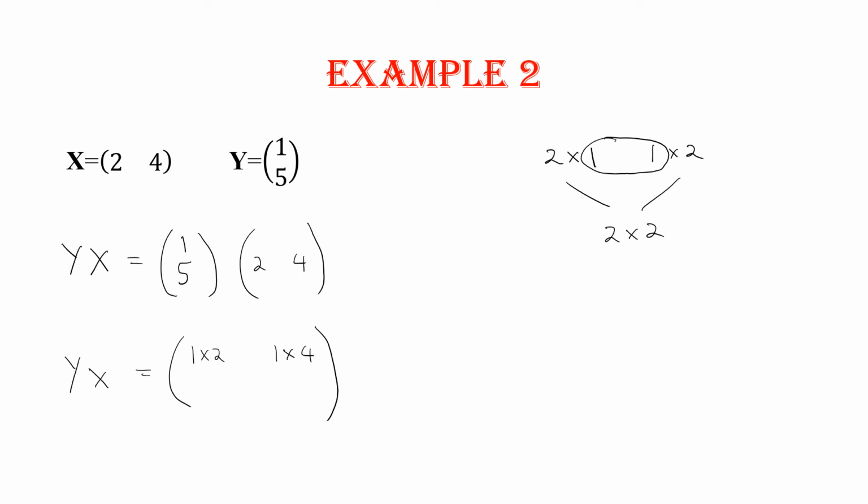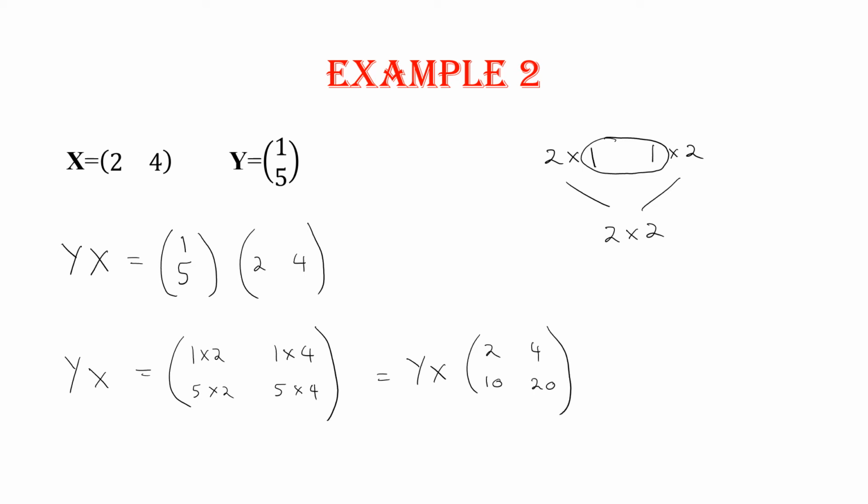Then I go row 2 times column 1, that will be 5 times 2. And then I do row 2 times column 2, and that will be 5 times 4. That's what it is, people. So yx is equal to 2, 10, 4, 20.